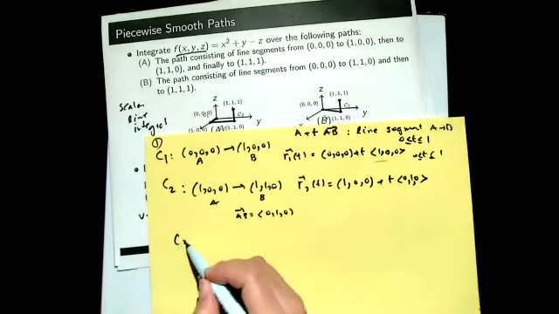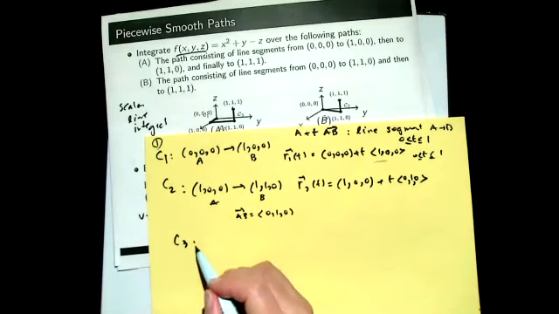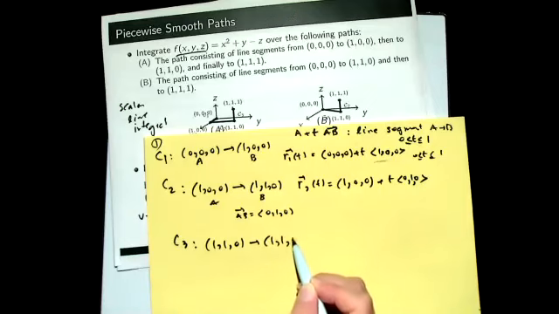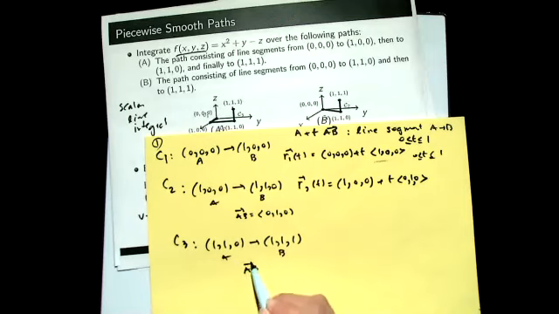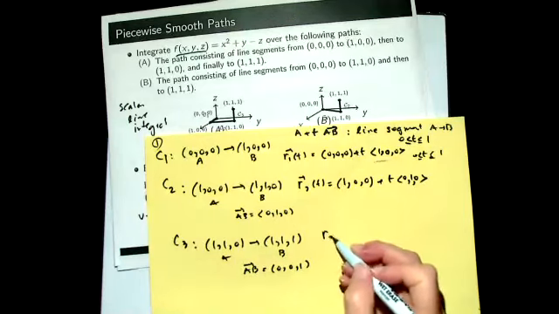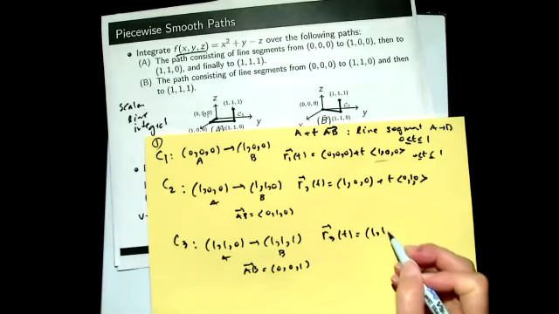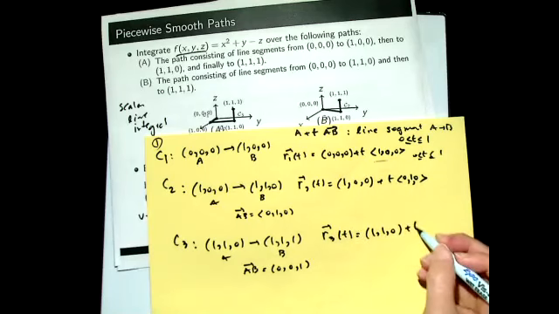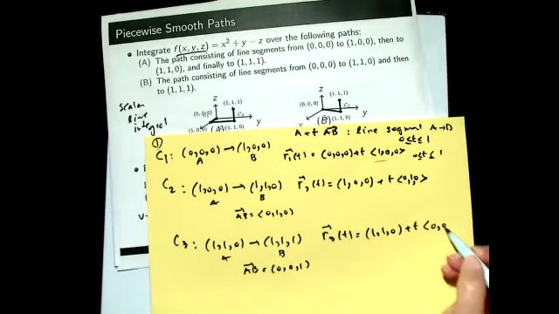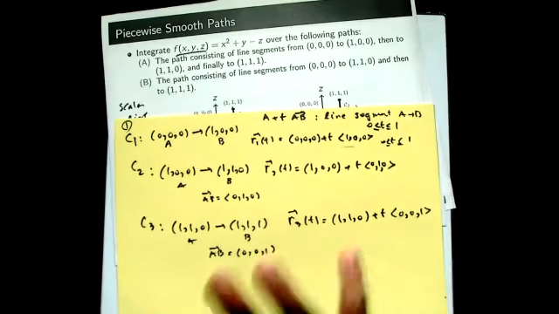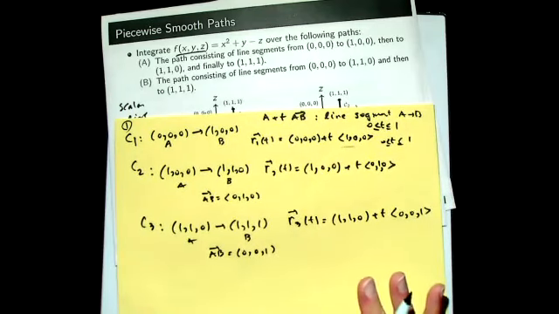And then C3 goes from point 1, 1, 0 to 1, 1, 1. So AB is equal to 0, 0, 1. R3 of T is equal to 1, 1, 0 plus T times 0, 0, 1. So I parameterize every one of them.